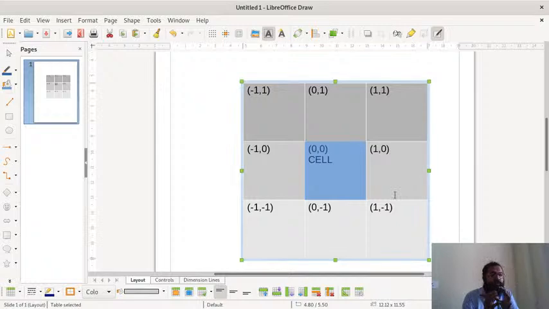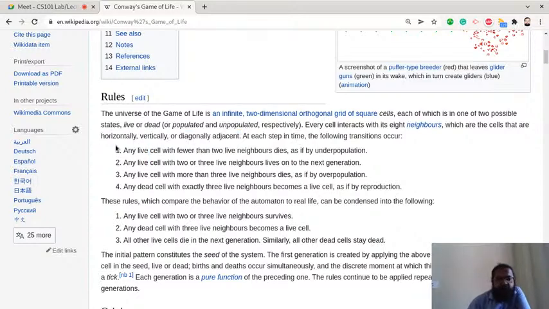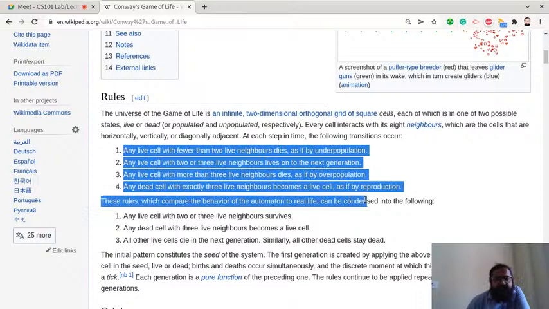That is what a cellular automaton means. Think of it as a microorganism which either thrives or dies off. That is done by the rules, and the rules are like this.